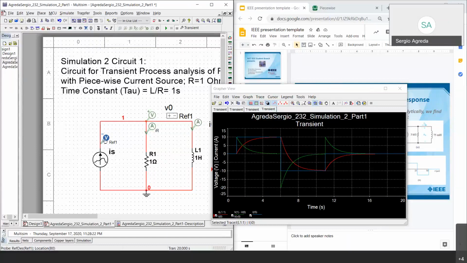Or if you move, without noticing, a current probe to here and you're analyzing this current, it's going to be a whole different current going through this ammeter. This is your ammeter probe or current probe, and this is your voltmeter. If you want to use actual ammeter components, they have them here on the side.